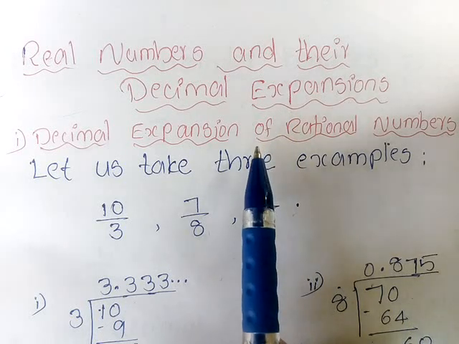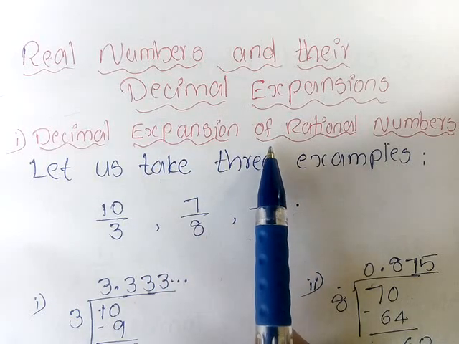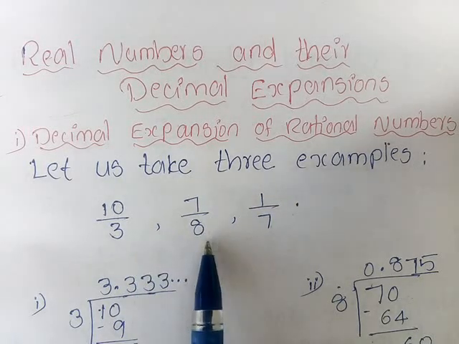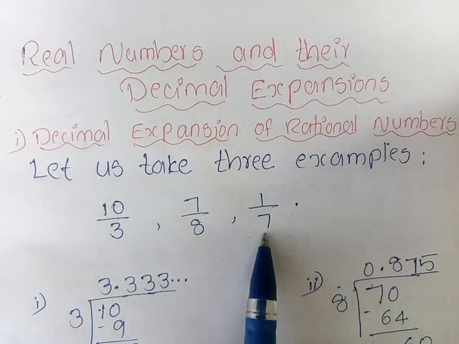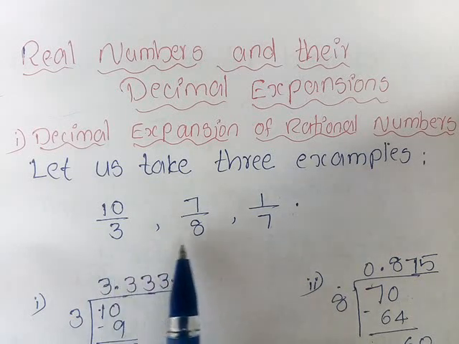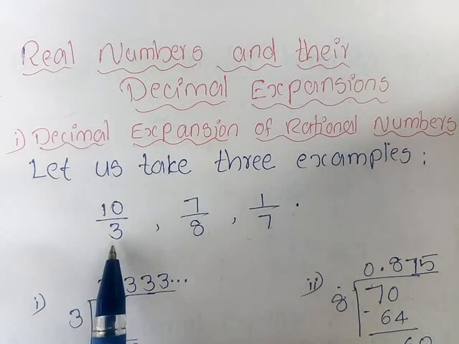The first subtopic is decimal expansion of rational numbers. Let us take three examples: 10 by 3, 7 by 8 and 1 by 7. Children, how to find decimal expansion of these numbers? Actually, 10 by 3 means 10 divided by 3.